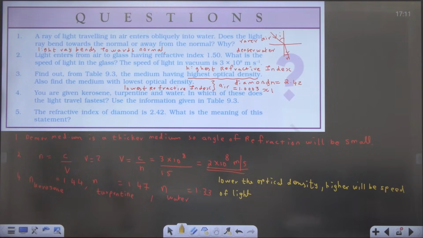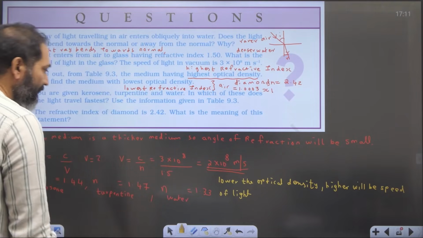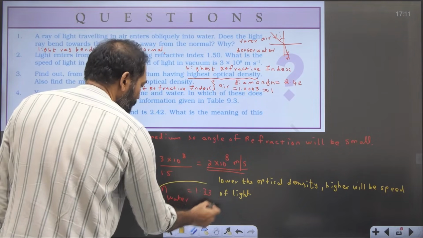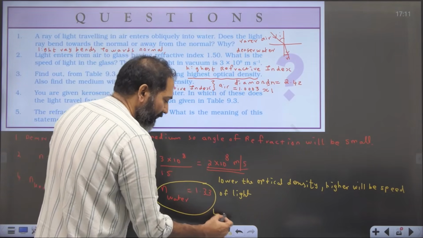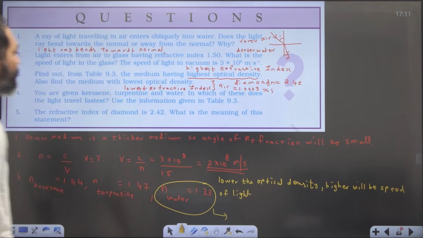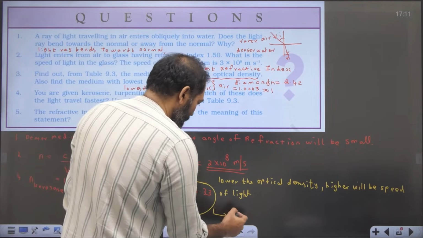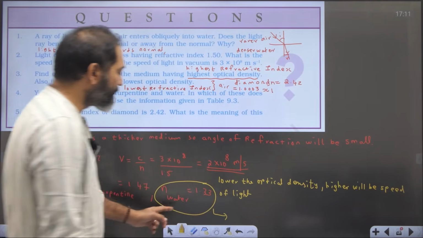So, which one is having lowest refractive index? I think water. In which of these does the light travel fastest? So, water is having least refractive index.